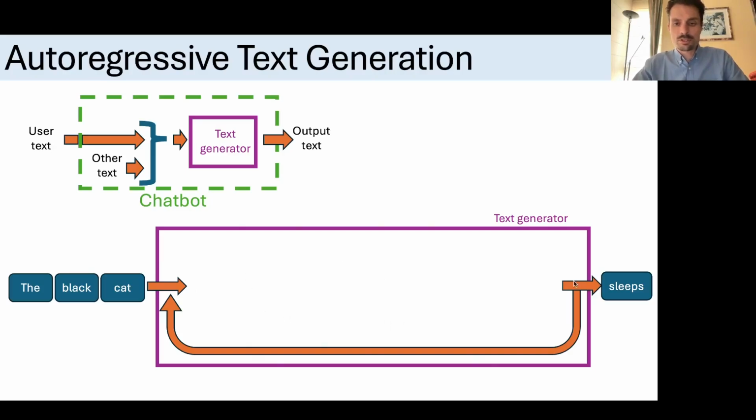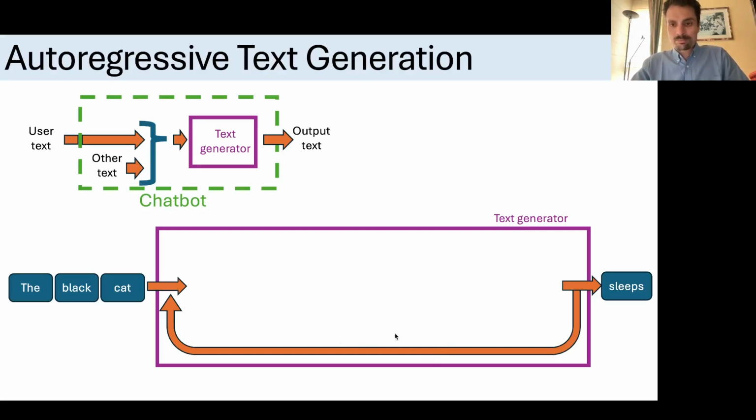This process is repeated for each word generated at the output. This way of operating is the reason why this is said to be autoregressive. And for those with a signal processing background, this is like an IIR filter or the generation of an AR process.